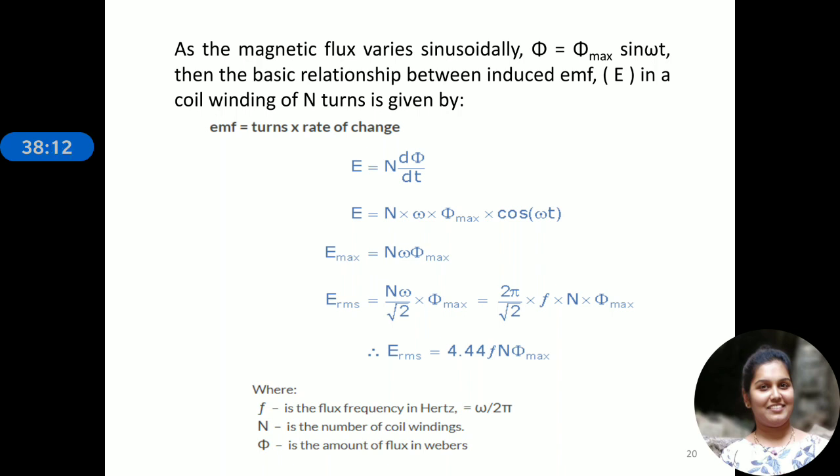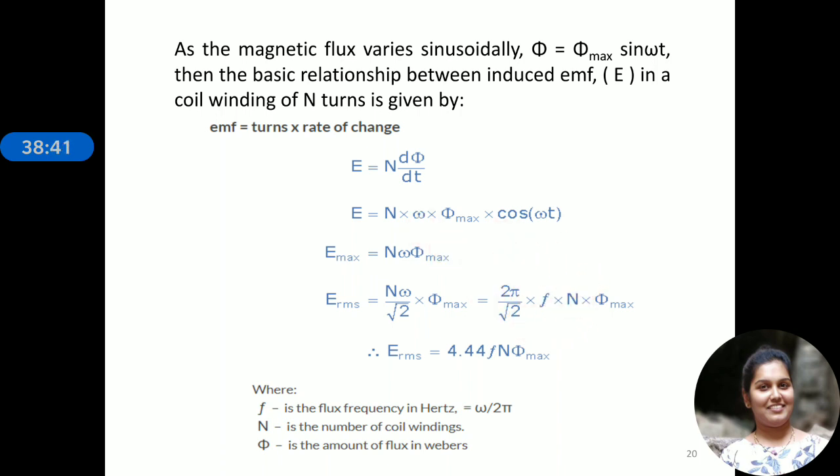If you want to calculate in terms of RMS, E RMS can be written as N omega by root 2 into phi max, that is equal to 2 pi by root 2 times f into N into phi max. So omega can be written as 2 pi f, right? I have expanded N omega, where omega is written as 2 pi f.